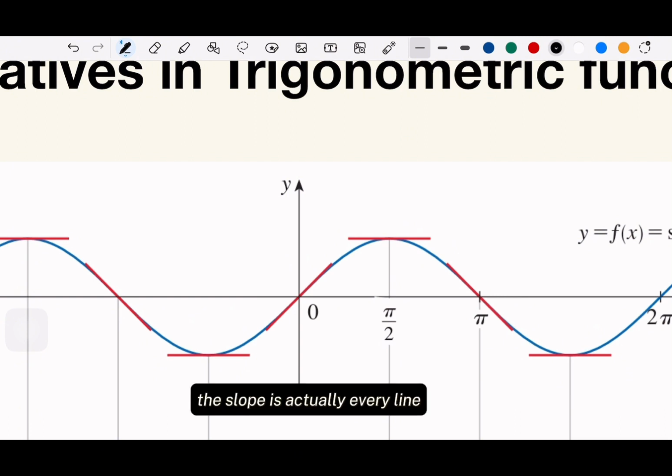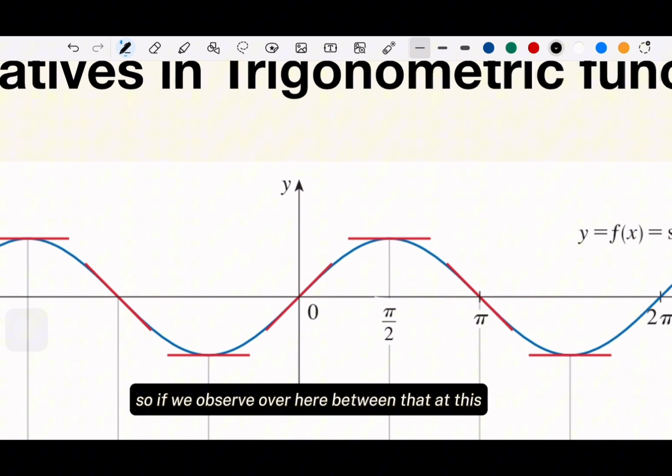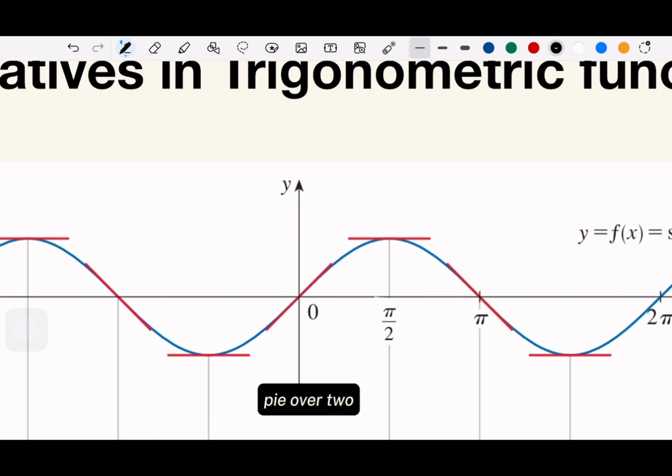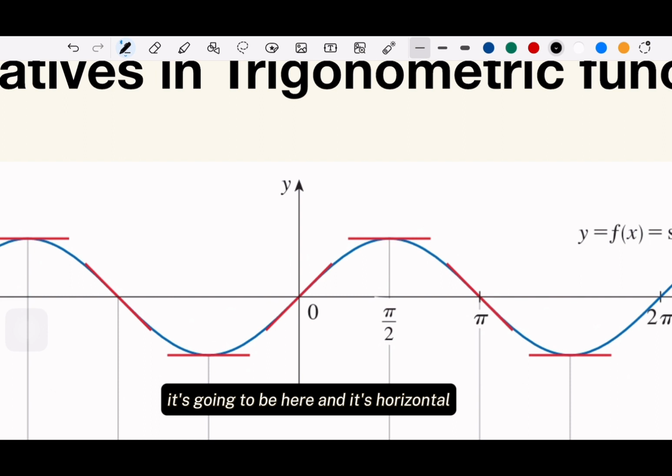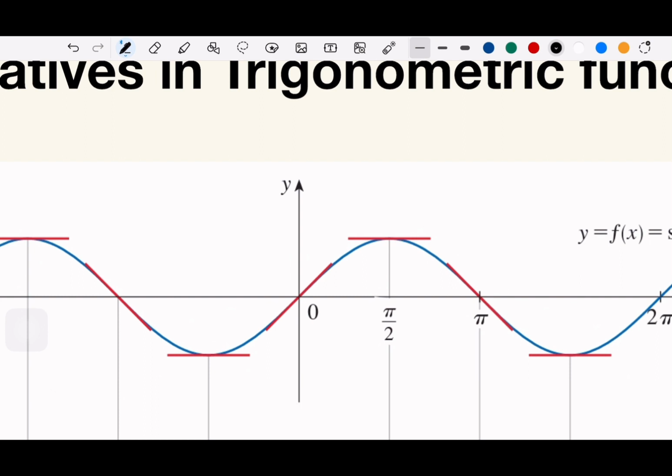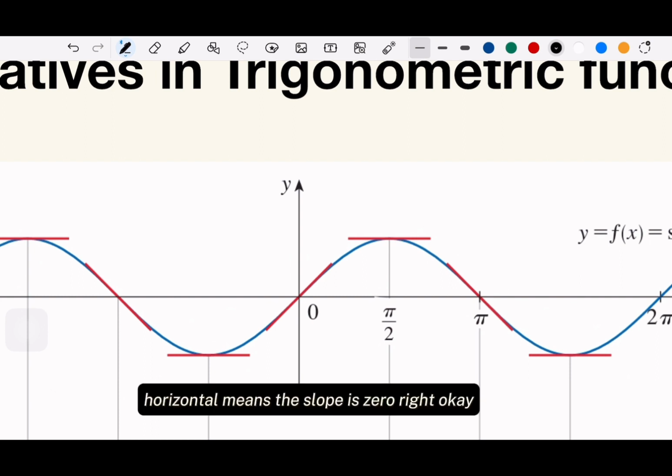The slope is actually the straight line at every observed point. So if we observe here, at this angle, it is going to be horizontal. For example, pi over 2 is here, and it's horizontal. Horizontal means the slope is 0, right?